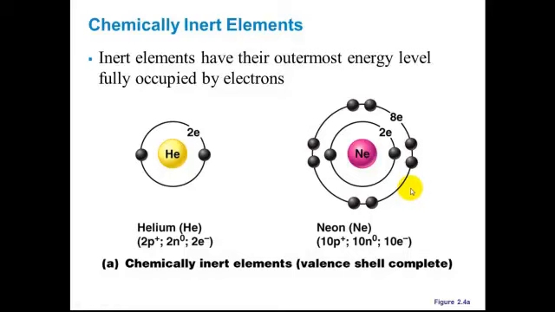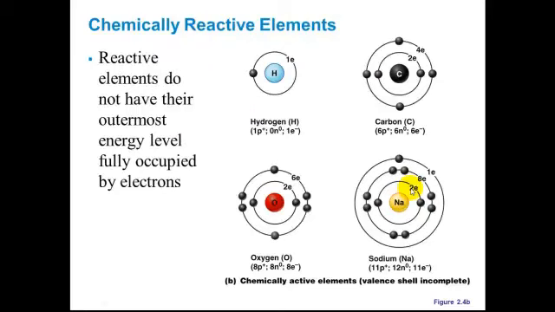So what we will be looking at when we look at chemically reactive elements are elements that do not have a full valence shell. In terms of the first shell, only hydrogen is reactive, having only one electron in its outermost shell, which is the first shell. Here we have carbon. Previously we saw that carbon had 6 protons. If there is no charge involved, then it must have 6 electrons.